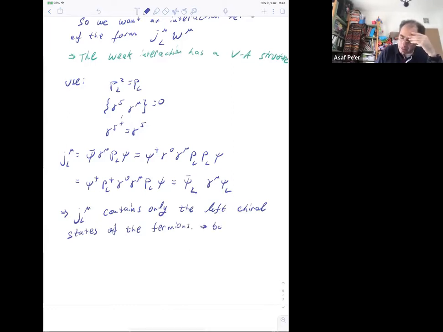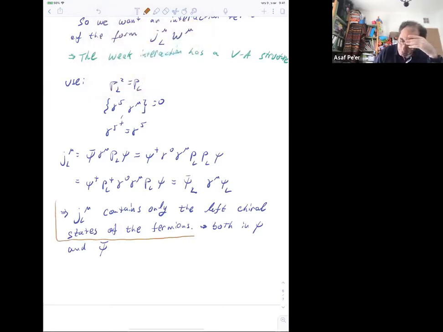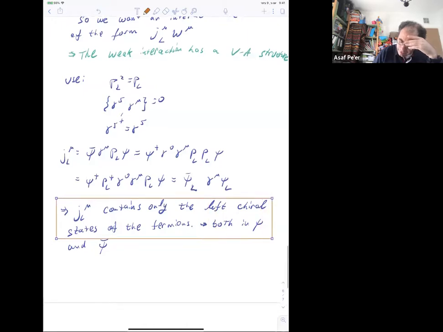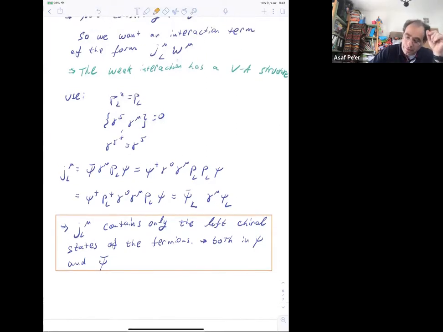Those in psi and psi bar. That means that when I write the current like that, this current couples to the W, which is what we have here.